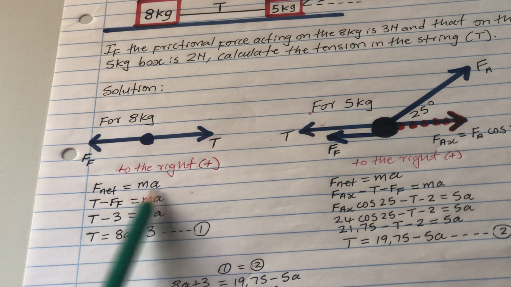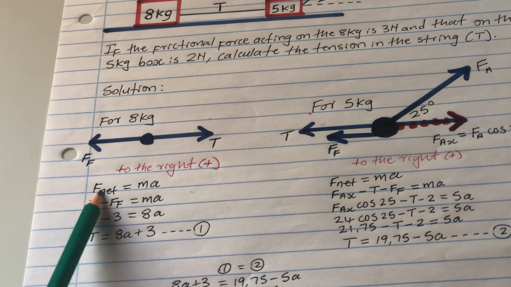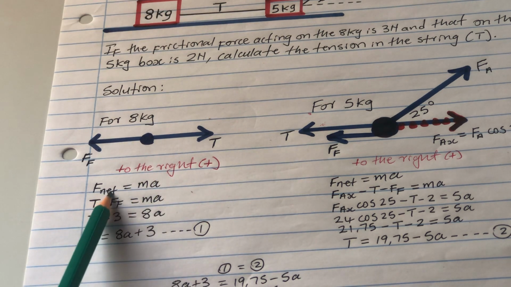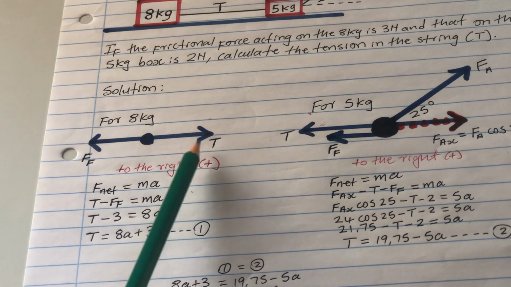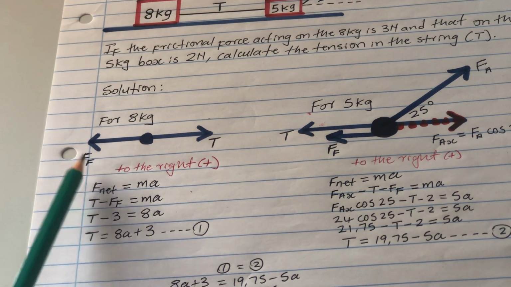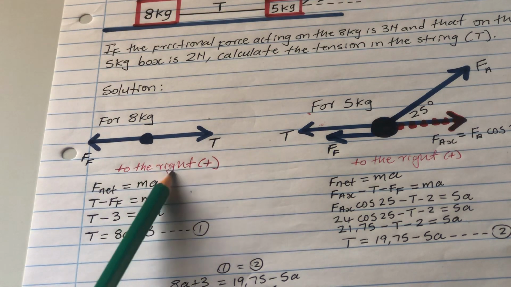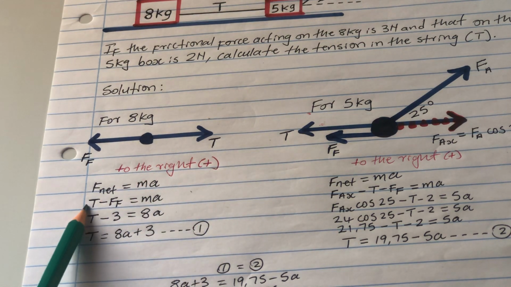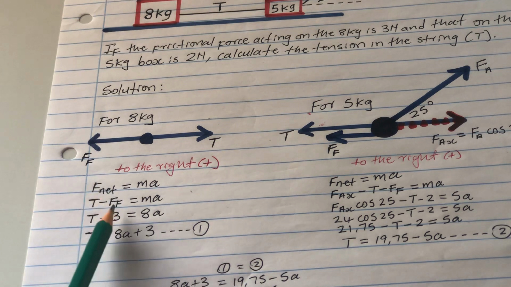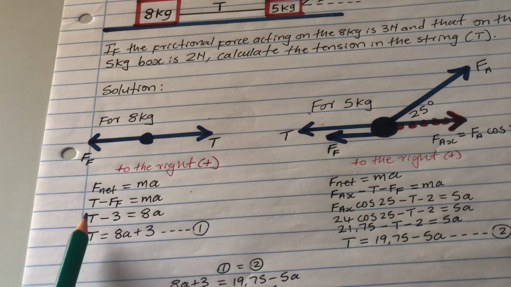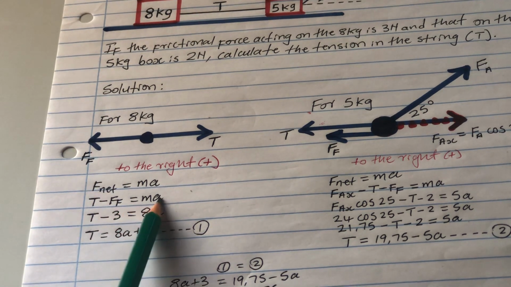F net equals ma. What makes up this F net? I've already said that this F net is made up of horizontal forces, which is tension and frictional force. But the tension will be positive because it is pointing to the right, and the frictional force will be negative because it's pointing to the left, equals ma.